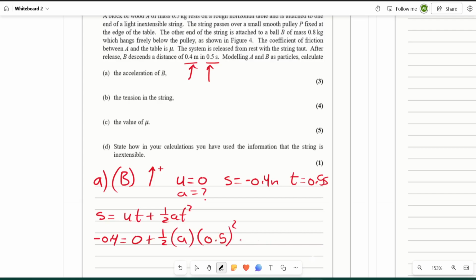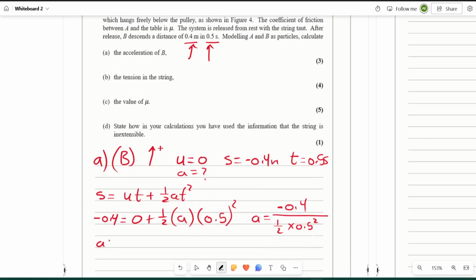Solving for A, I'm going to divide both sides by half times 0.5 squared. So A is going to equal negative 0.4 over half times 0.5 squared. That's going to be negative 3.2 meters per second squared.